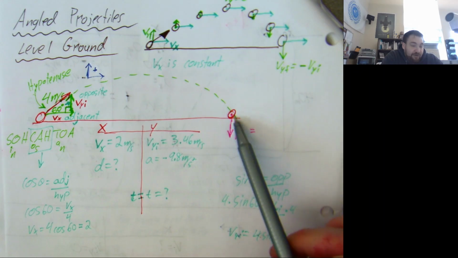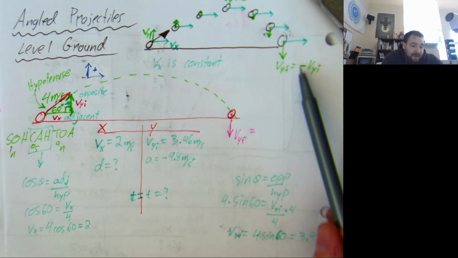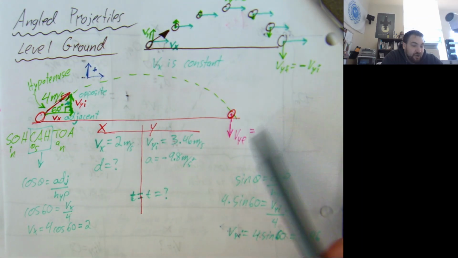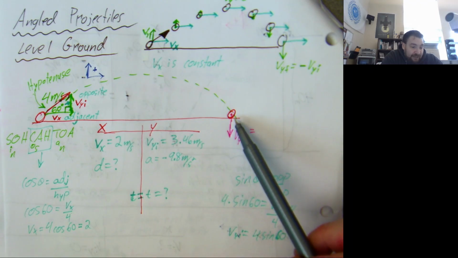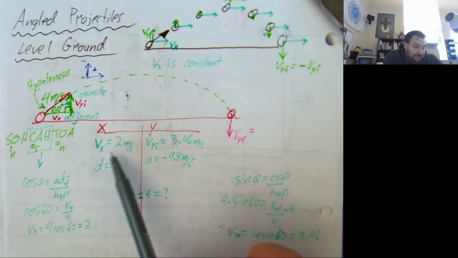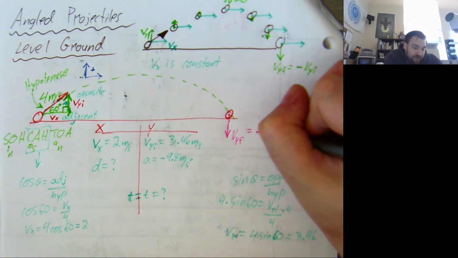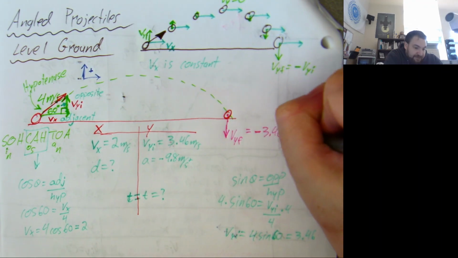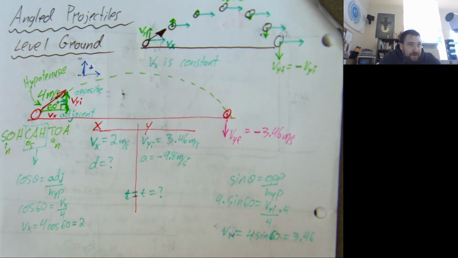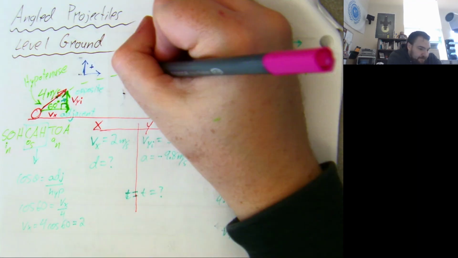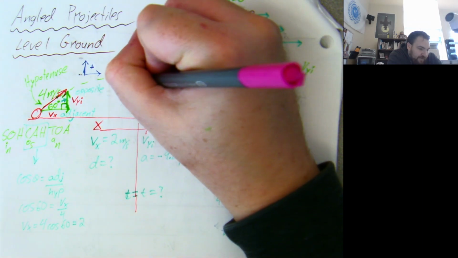Because this is level ground, this statement right here is true. The Vy final is going to equal the negative of Vy initial. So how fast was it coming down here? Well, if it was going up at 3.46 meters per second, it's coming down at negative 3.46 meters per second. The other place that we know Vy is where? At the top. Right there, we know that Vy is equal to 0.